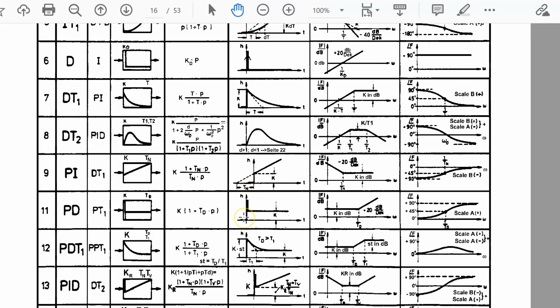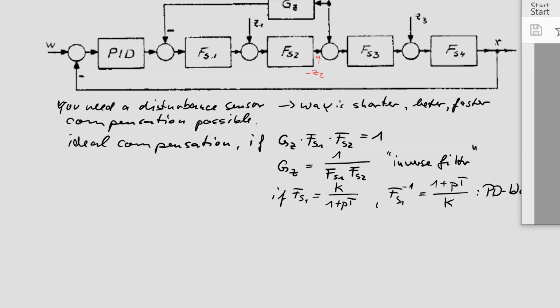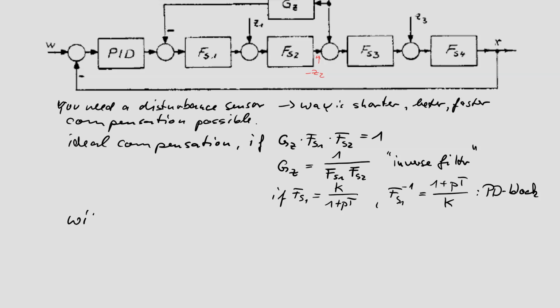Theoretically, of course, this cannot be realized with normal hardware, but you can also have an improvement if you use a PDT1. With the PDT1 you cannot completely compensate the Z2, but nearly compensate the Z2, and that is also an improvement.